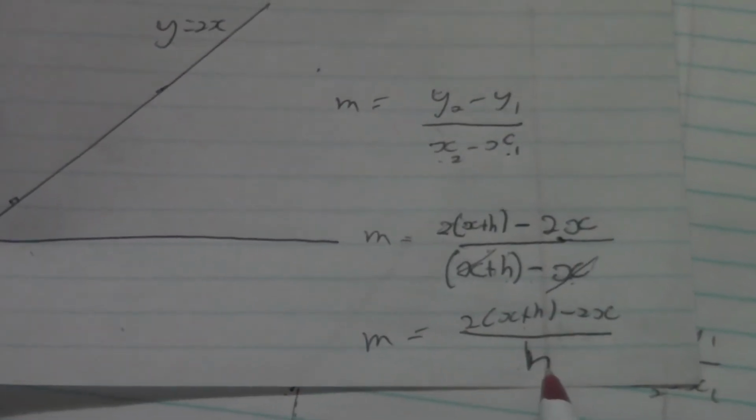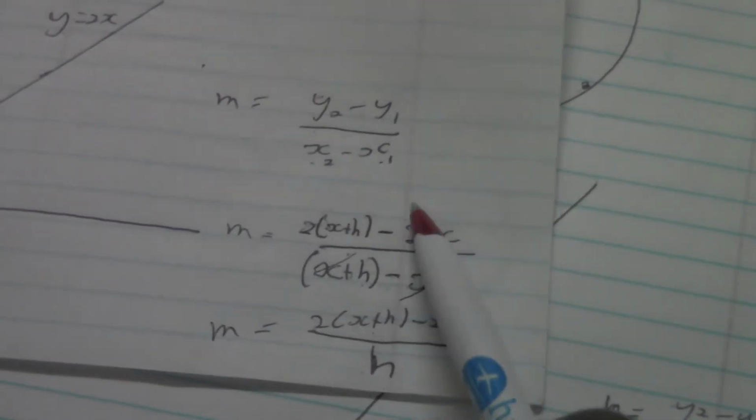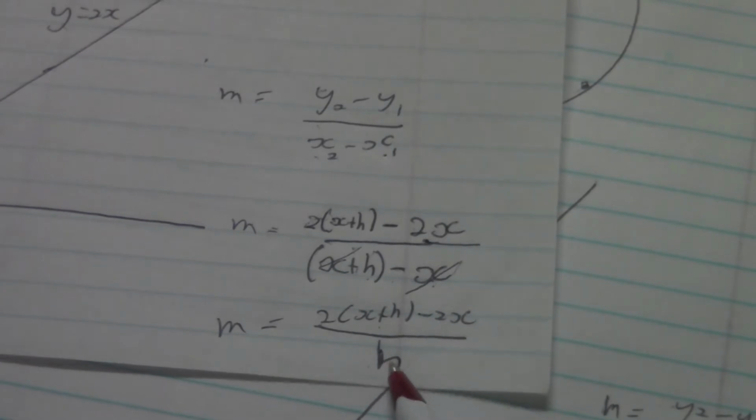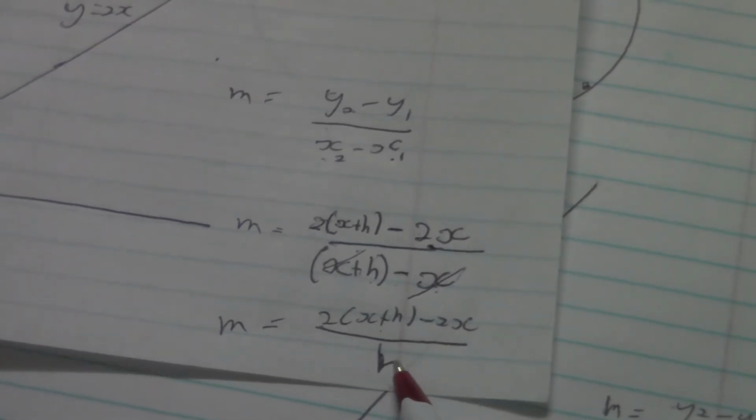This has to be very small, like 500 zeros and then 1. You're still finding the gradient of the circle at this point by considering a straight line. We still apply this formula, except this h, this increase in x, has to be really, really small.